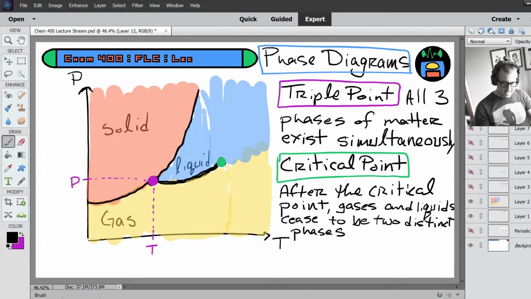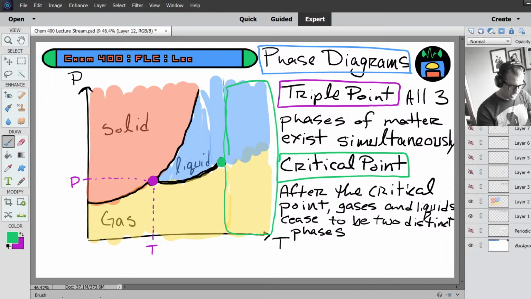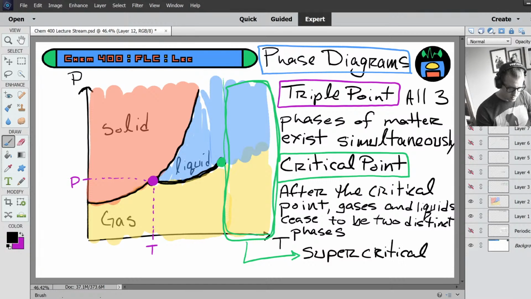All right. Anything that exists out in this region, this is where you find things called supercritical fluids. And they're a little bit like gases, they're a little bit like liquids, and depending upon what the pressure or temperature is, they could be more like a liquid, more like a gas.